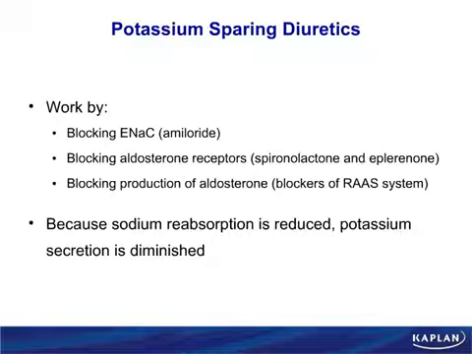Now, we use these diuretics in patients that have secondary hyperaldosteronism, such as patients with cirrhosis or patients with congestive heart failure, because these patients have high aldosterone levels leading to increased potassium secretion, and they're at risk for hypokalemia. So by using these diuretics, you will protect them from hypokalemia.